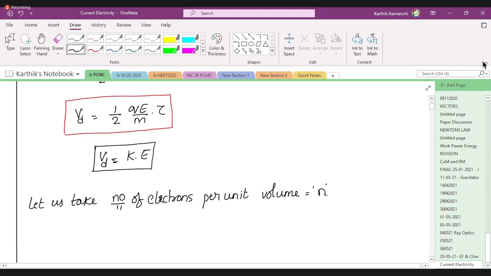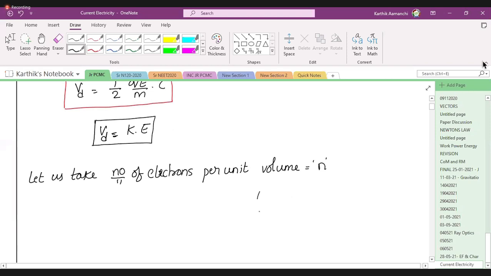Number of electrons per unit volume, I take a small n. Now, consider an area A. Let's say the electrons are going with velocity V. Clear?